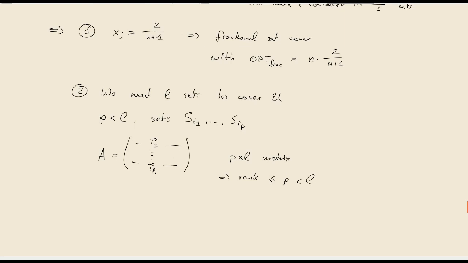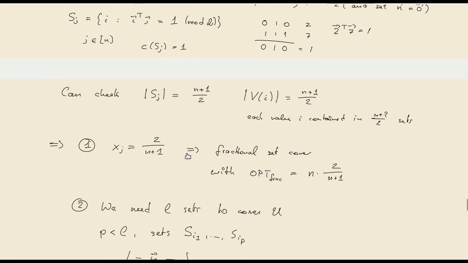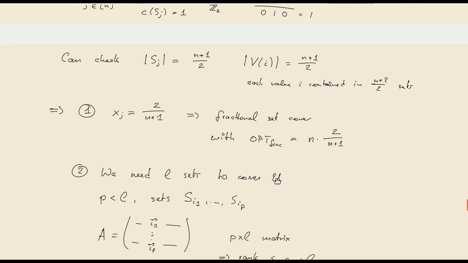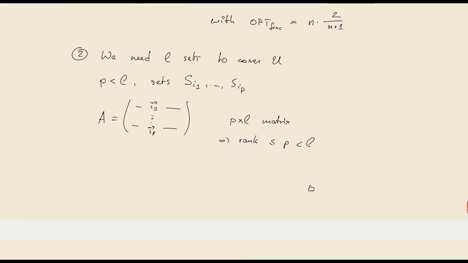But since the underlying vector space of the I vectors has dimension L, that's the number of entries, and well, this needs a bit of algebra. Computing modulo 2, that means we're using the field Z2, the integers modulo 2.